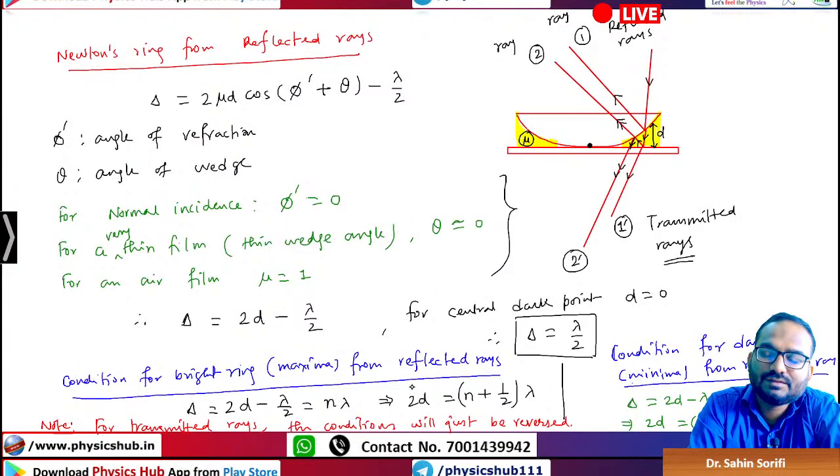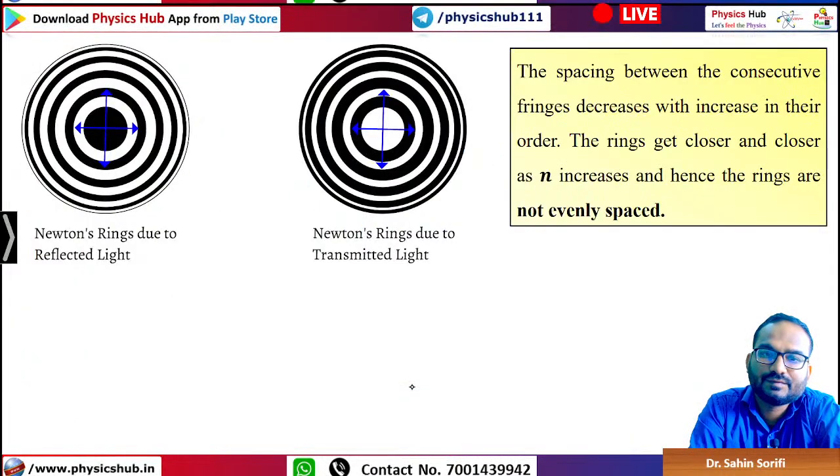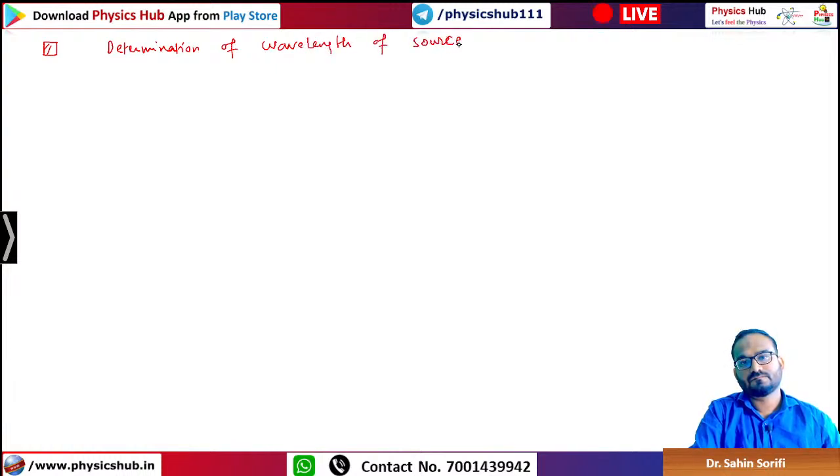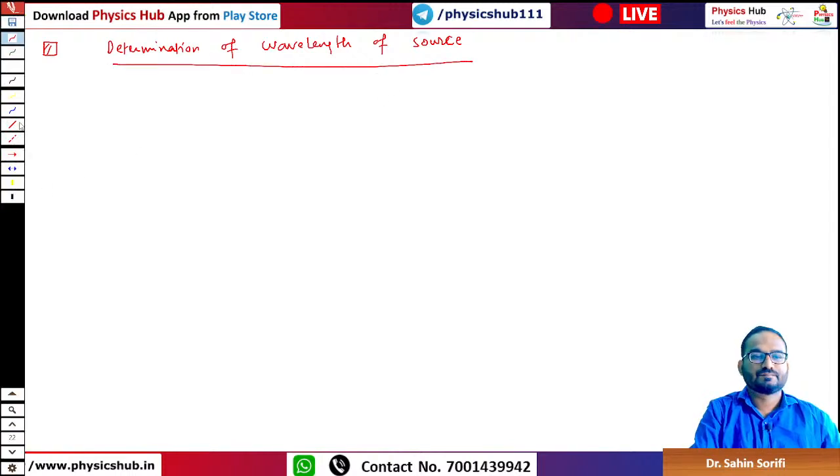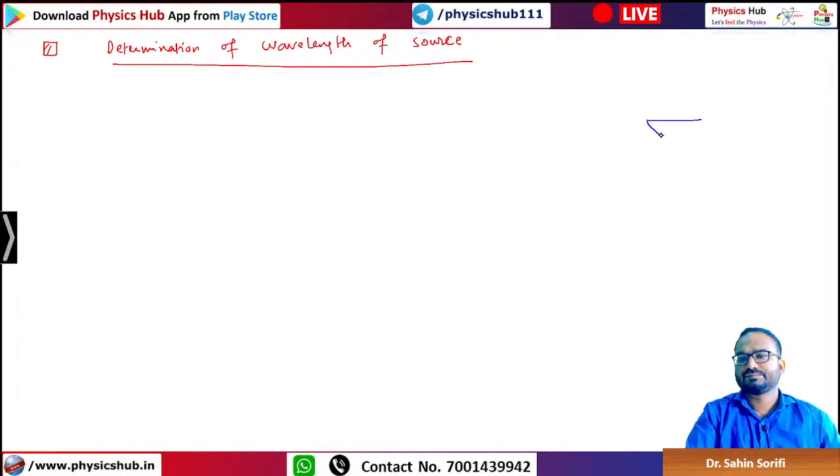Now, with the help of this Newton's ring, we will be able to do many things. First of all, determination of the wavelength of a source. If you are given a source and we do not know the wavelength, we can determine the wavelength of the source. You know the diameter of the rings formed from this Newton's ring experiment.